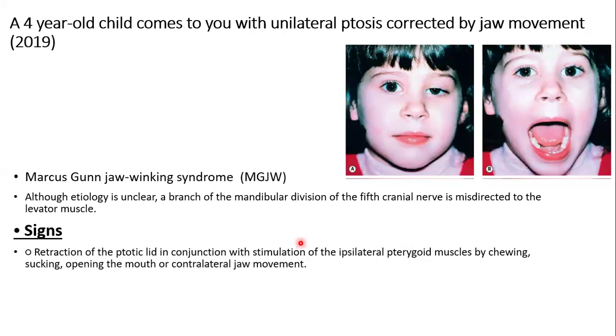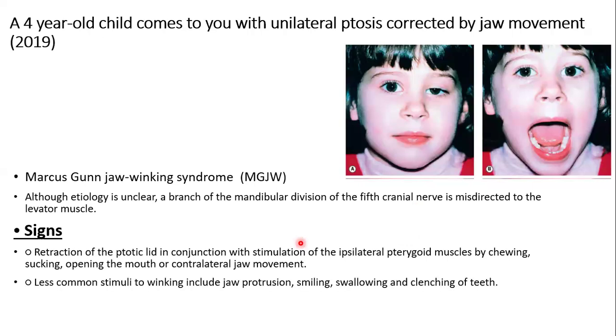So the signs: retraction of the ptotic lid in conjunction with the stimulation of the ipsilateral pterygoid muscle by chewing, sucking, opening the mouth, or contralateral jaw movement. And there are also less common stimuli like jaw protrusion, smiling, swallowing. And jaw winking usually does not improve with age, but patients learn how to mask it. But usually it persists. So how to treat?